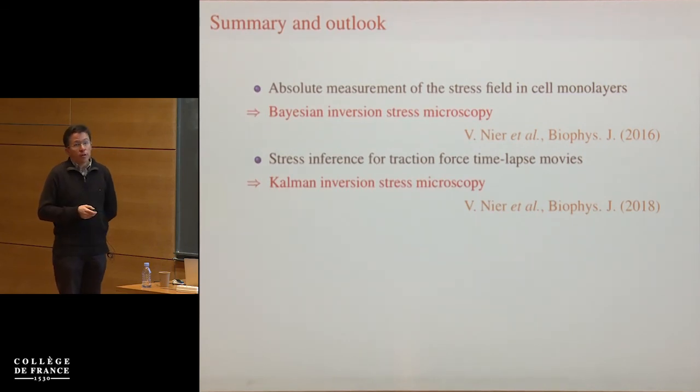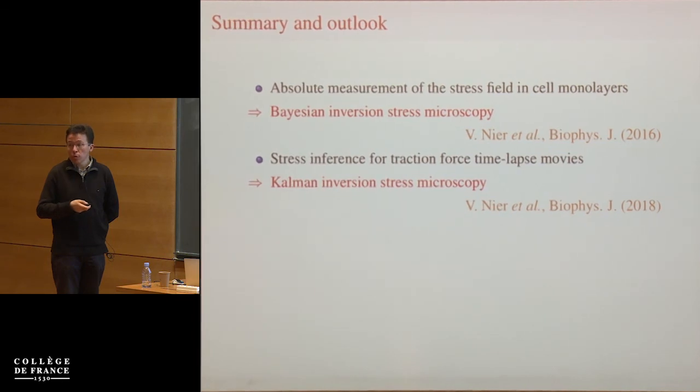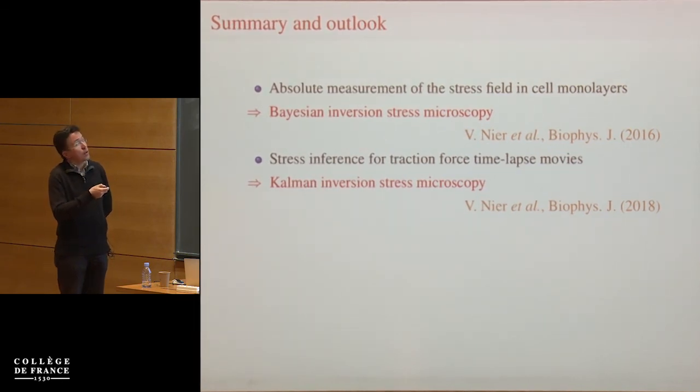An advantage of this is that we do not need a prior in this case, so the Kalman filtering works without priors, which removes one of the hypotheses that we made. And a nice feature is that the inference performed with Kalman inversion gave results consistent with the inference that we had before with Bayesian inversion.